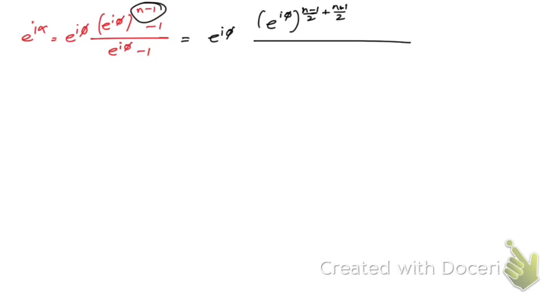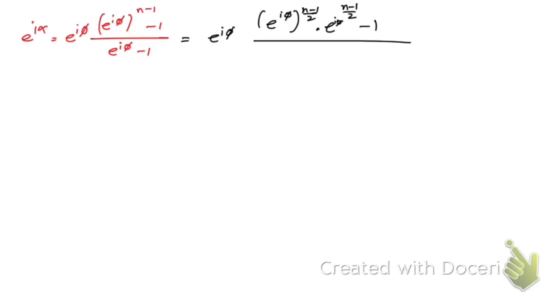Then again it will be n minus 1, if you add these two. Then if you apply the laws of index, it can be written as e to the power i phi whole to the power n minus 1 by 2 into e to the power i phi whole to the power n minus 1 by 2. That's what you can write.